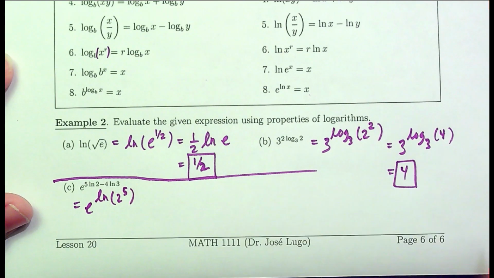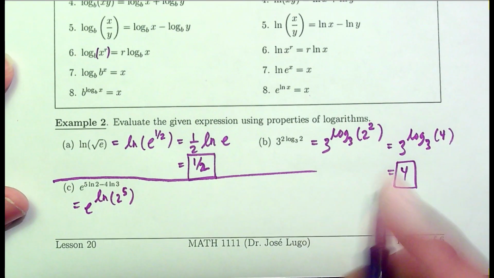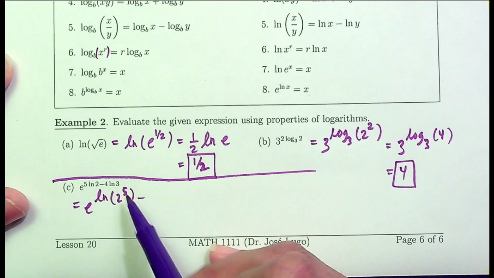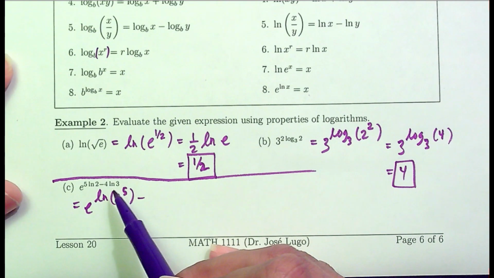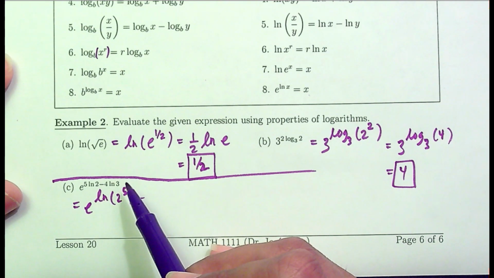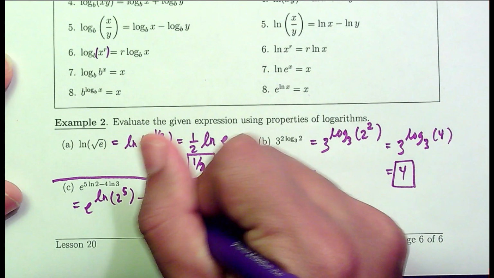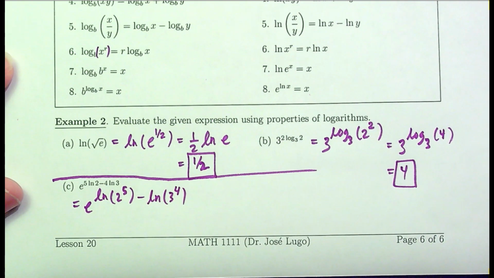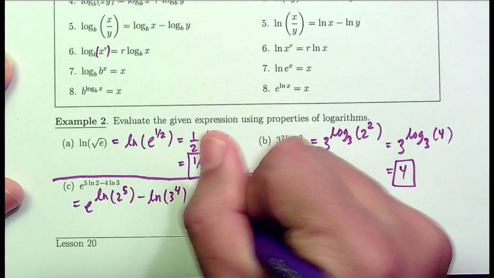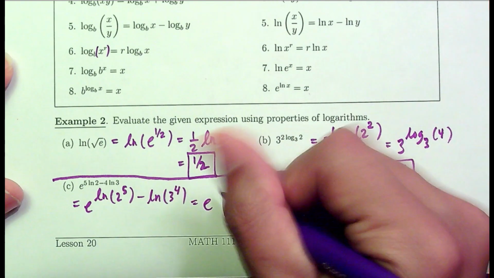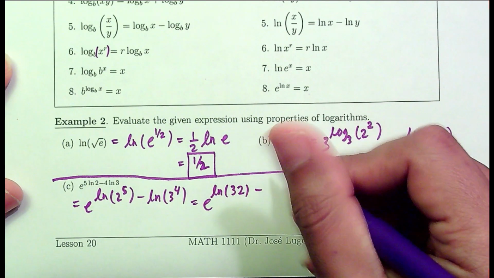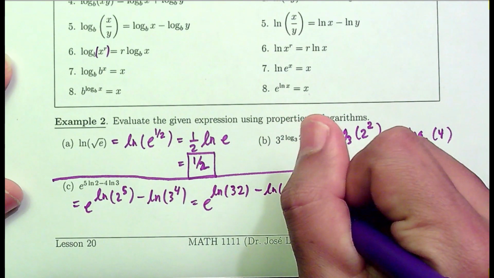I moved the 5 inside the logarithm as an exponent. You can do that as long as you move it inside as an exponent. And now I can move this 4 inside this ln of 3. When you move it inside the logarithm, it moves in as an exponent. So this is ln of 3 to the 4. Now 2 to the 5th is just 32. 3 to the 4 is just 81.